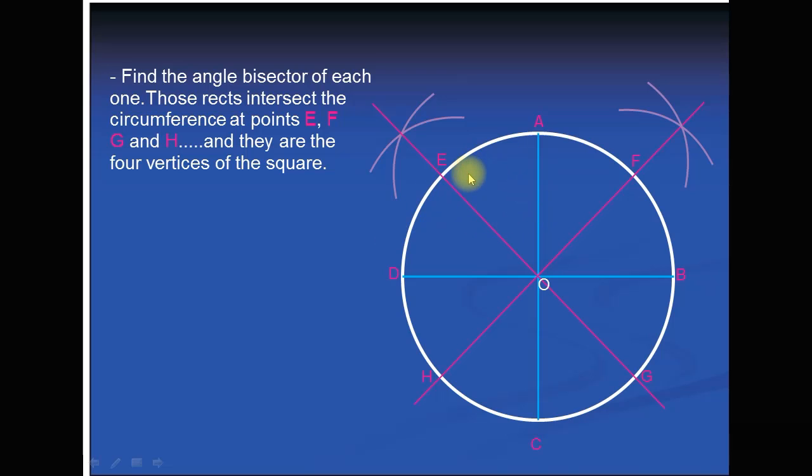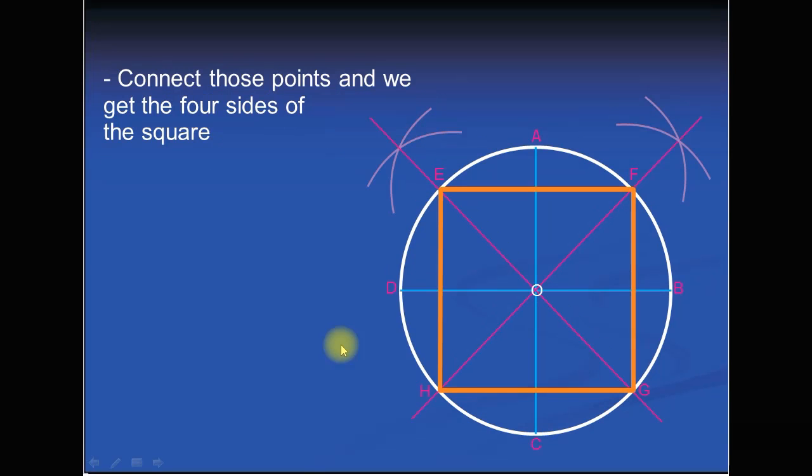So after this, join point E to point H and join point F to point G and E to F and H to G, and you will get a square like in this figure. So connect those points and we will get the four sides of the square. So this is a polygon, a square.